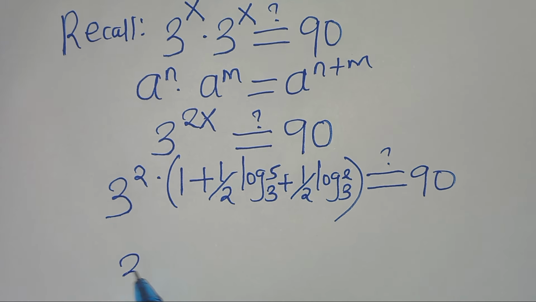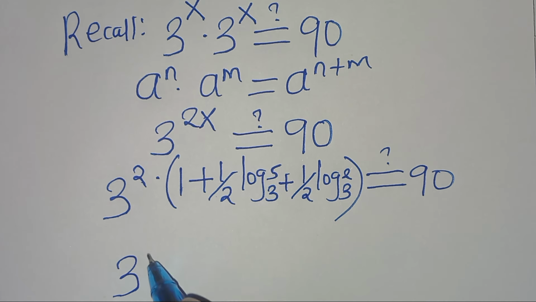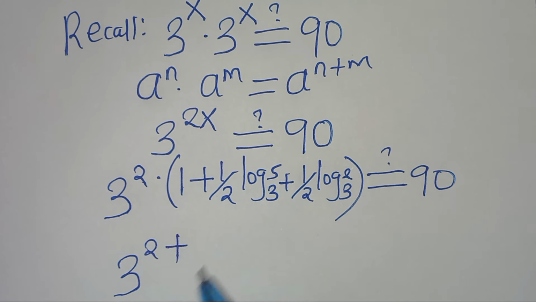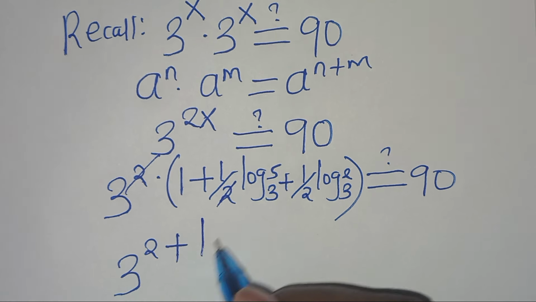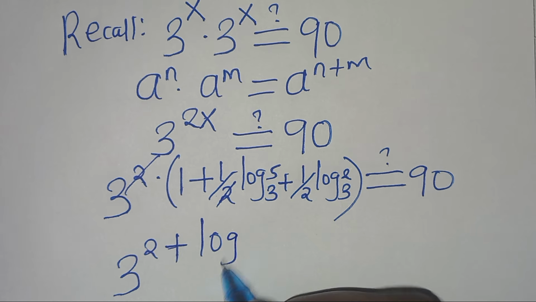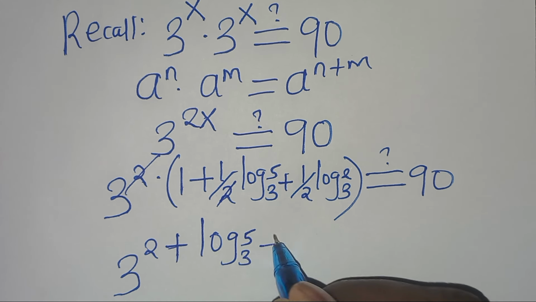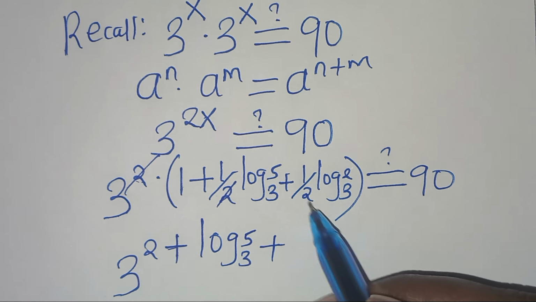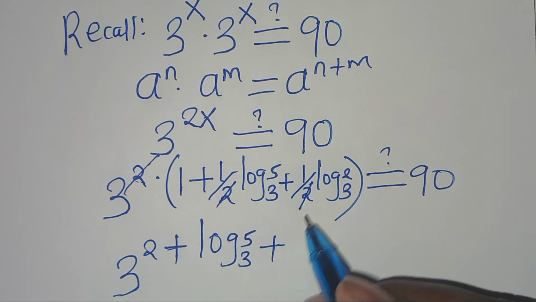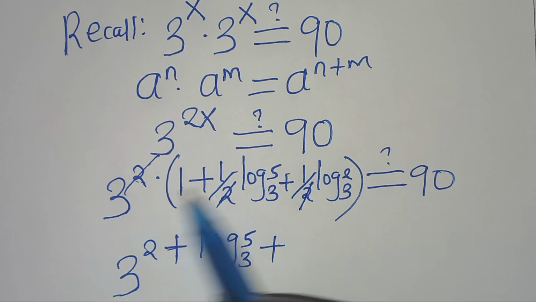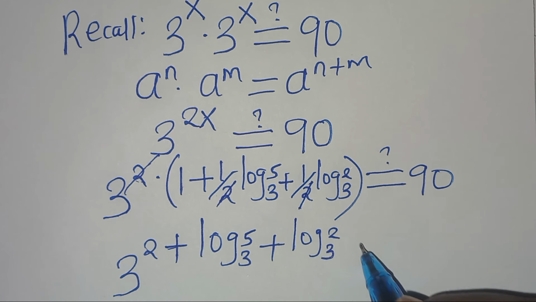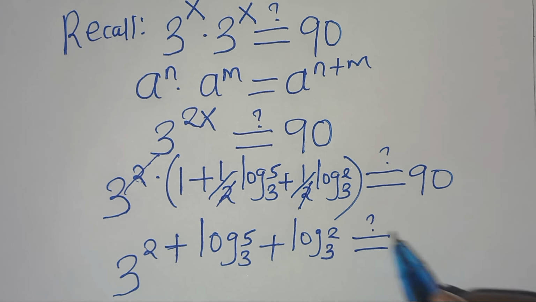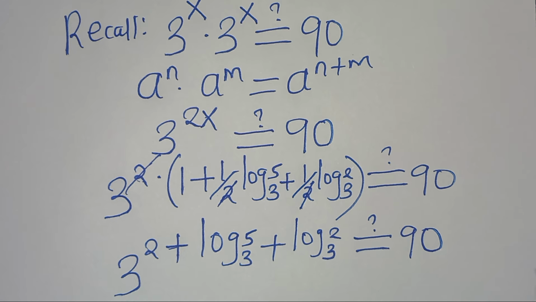We have 3 to the power of 2 times 1, this is 2, then plus 2 times a half log 5 to base 3, so 2 and 2 simplify, that is plus log 5 to base 3. Then plus 2 times a half log 2 to base 3, so the 2 simplifies, and we have 1 times log 2 to base 3. This is supposed to give us a value of 90.